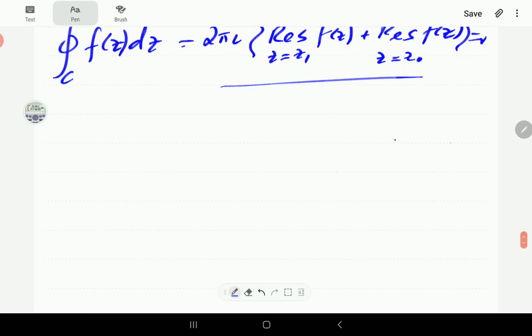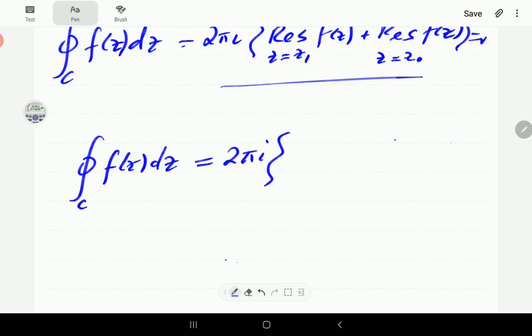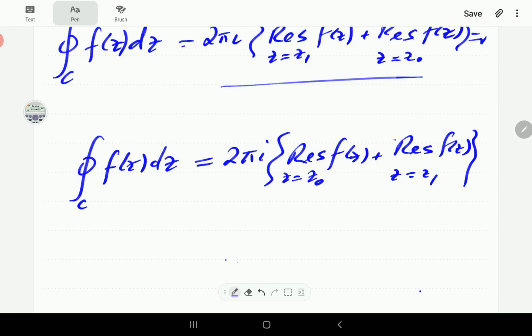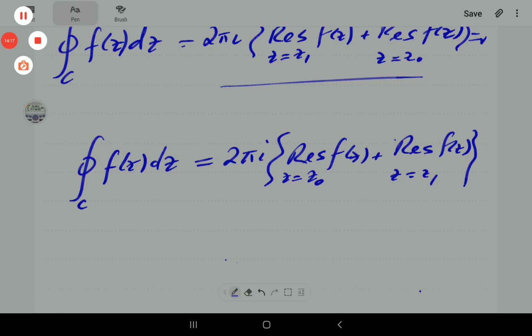If you now bring this term across to the right-hand side, we now have the result of the residue theorem, that the integral of f around C is going to be 2 pi I times the sum of the residues of f of z at the singularities inside C, which is basically what this residue theorem is stating.